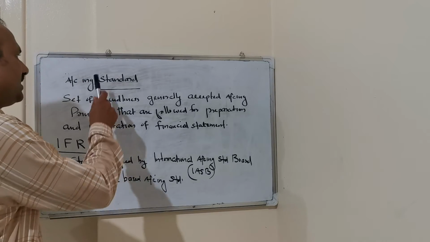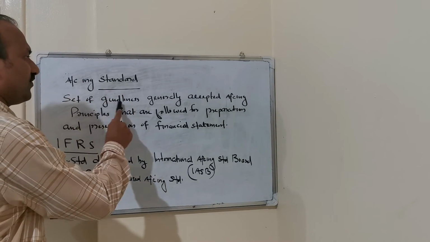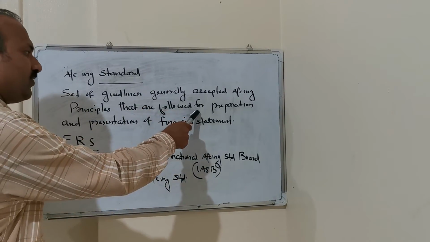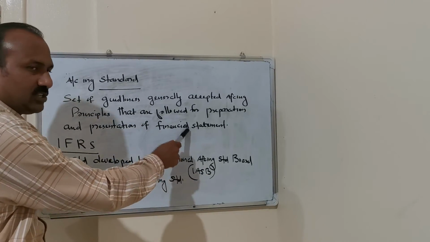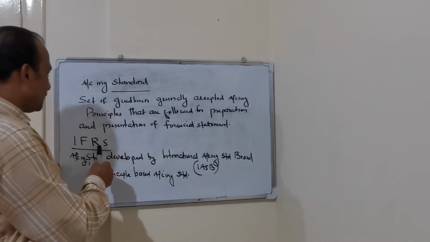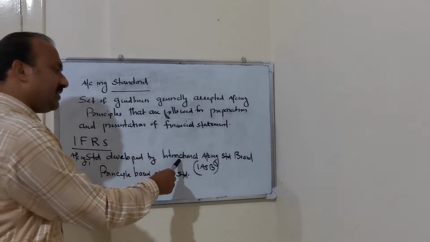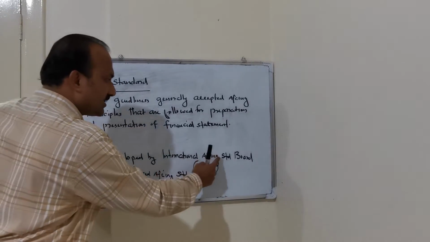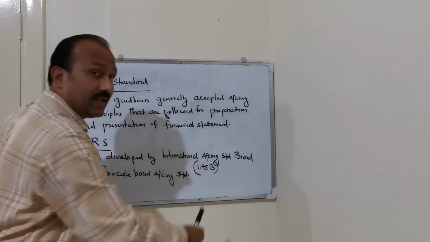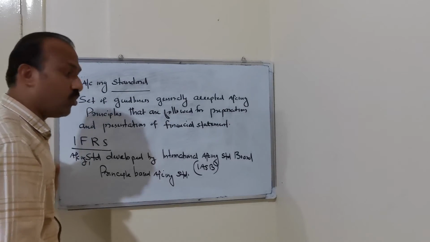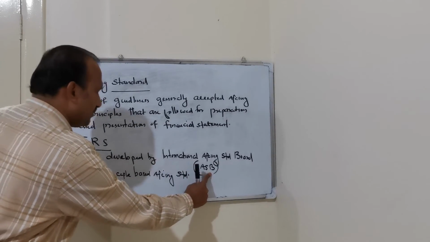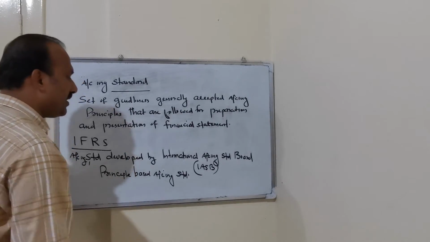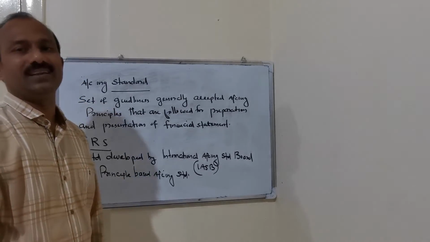Accounting standard is a set of guidelines, generally accepted accounting principles that are followed for the preparation and presentation of the financial statements. And IFRS means the accounting standards, some rules developed by the International Accounting Standards Board, that is IASB. Therefore, we can say IFRS is a principle based accounting standard.